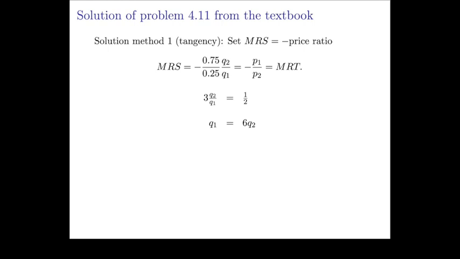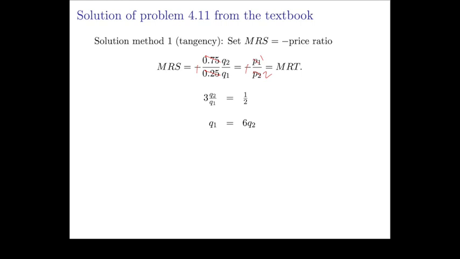So the negative signs cancel. 3/4 and 1/4 cancel out to 3. So we've got 3 times Q2 over Q1 equals, remember this is 1 and this is a half, so 3 times Q2 over Q1 equals a half.